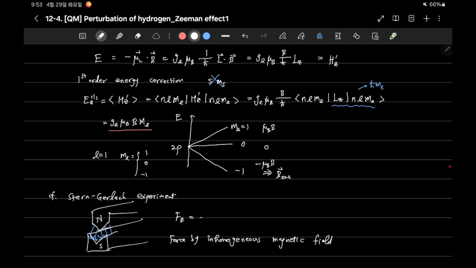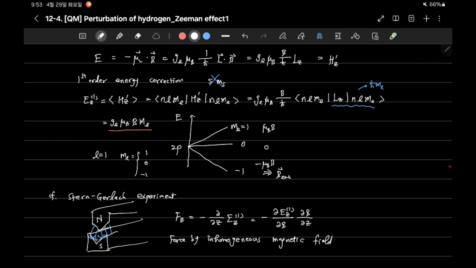The force from the inhomogeneous magnetic field can be written as the negative gradient of the first order Zeeman energy. In this case we can differentiate: the partial of the Zeeman energy with respect to B and the partial of B with respect to z, because the Zeeman energy is a function of the magnetic field. This magnetic field gradient is not uniform, so it is non-zero.